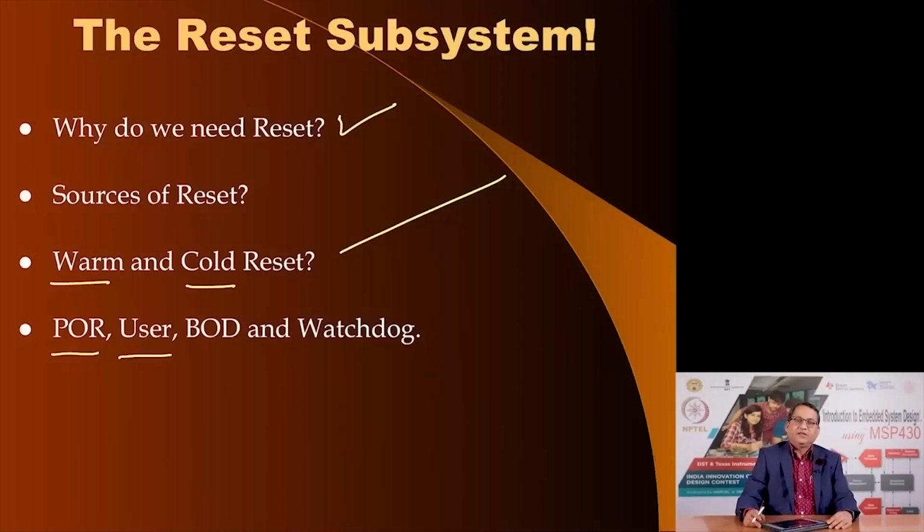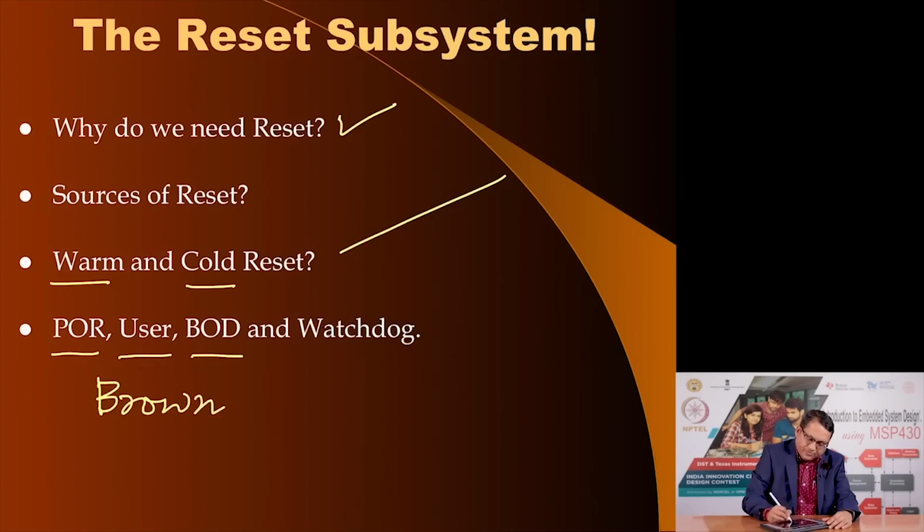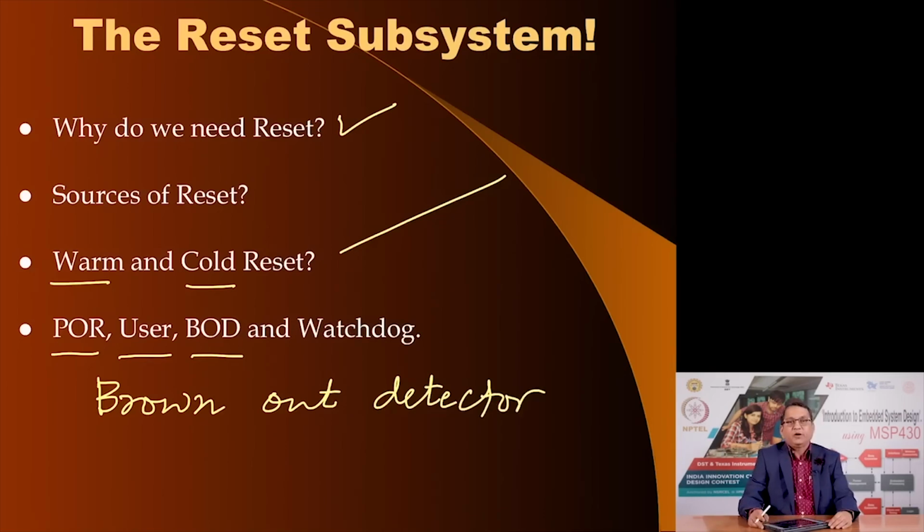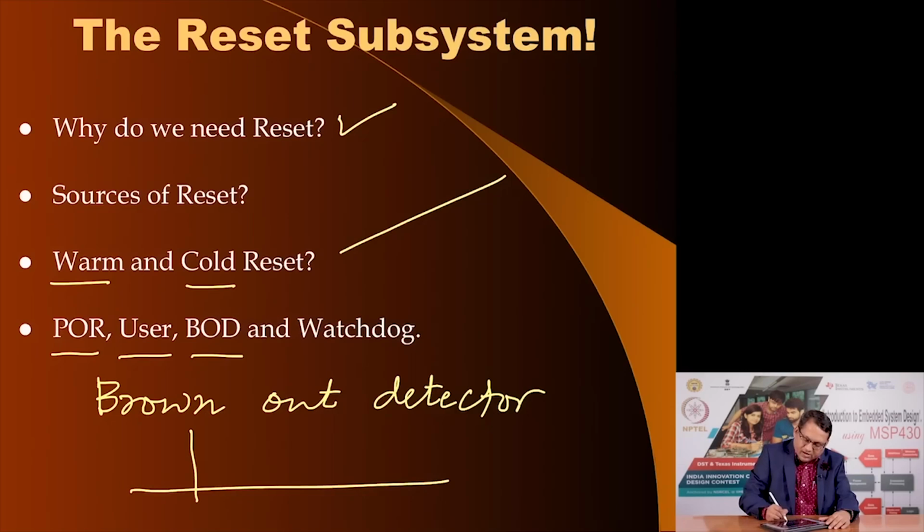The third type of reset is called BOD. BOD stands for brown out detector. So, what is a brownout condition? Because you have a detector which detects brownout condition. Brownout condition is that if this is my, as a function of time, this is my VCC, that is the supply voltage.